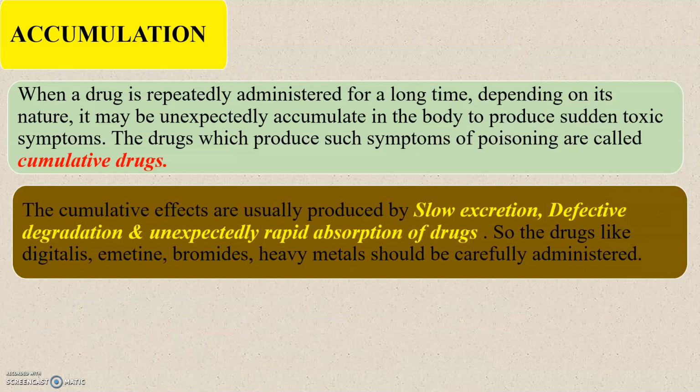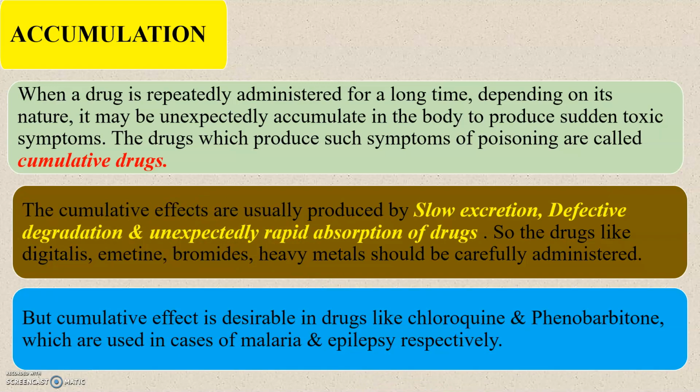The cumulative effects are usually produced by slow excretion, defective degradation, and unexpectedly rapid absorption of drugs. So the drugs like digitalis, emetine, bromides, heavy metals should be carefully administered. But cumulative effect is desirable in drugs like chloroquine and phenobarbital, which are used in cases of malaria and epilepsy respectively.